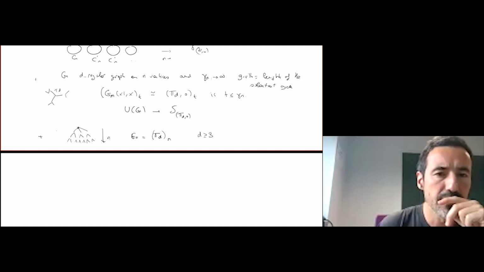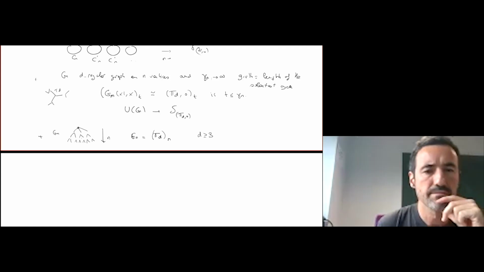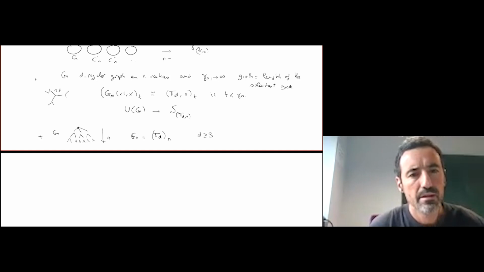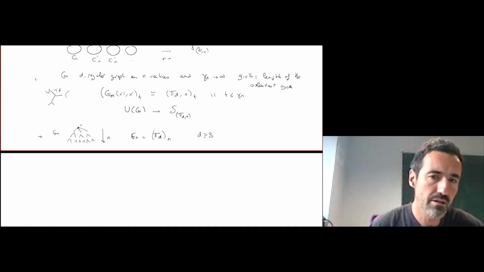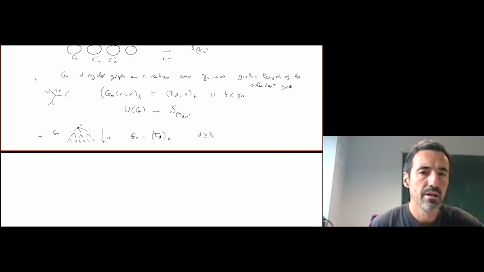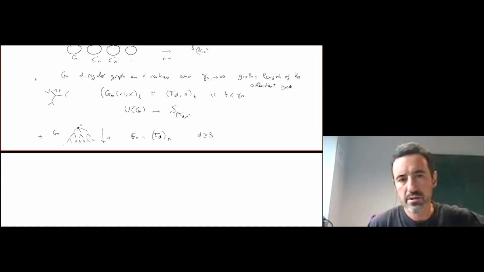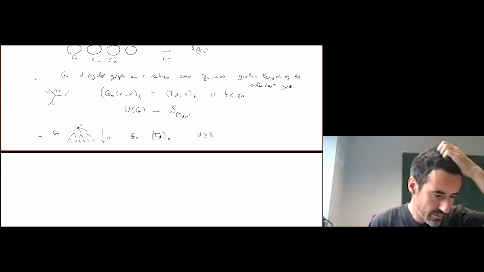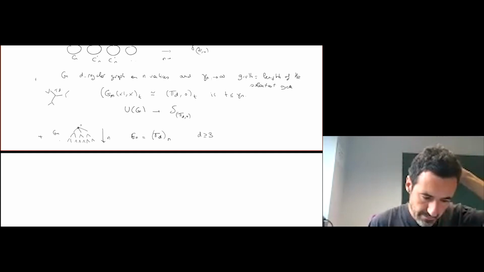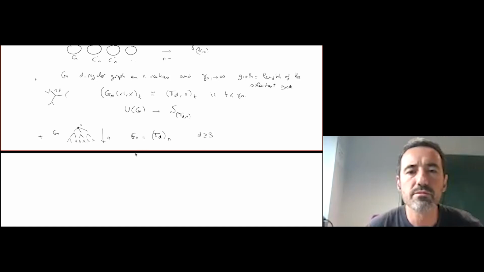So you look at the regular tree, here a 3-regular tree, and you cut everything at distance beyond n from the root. So where does it converge to?